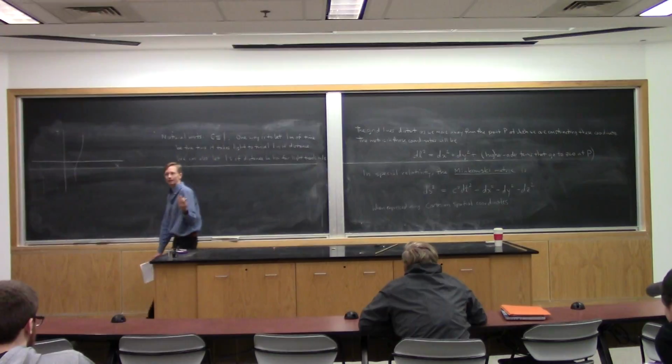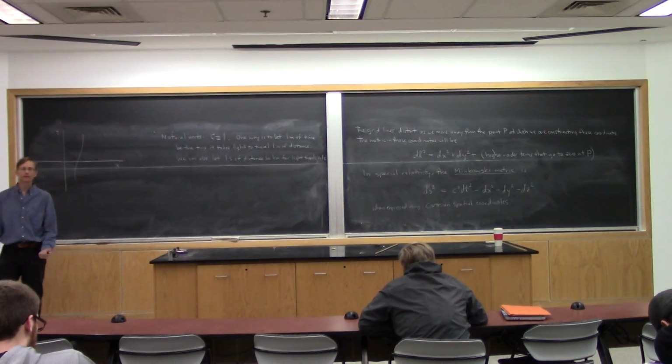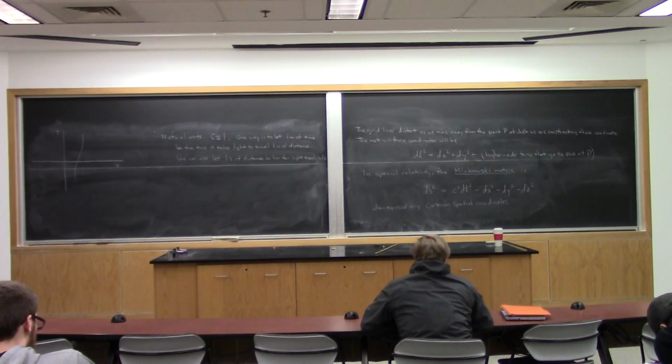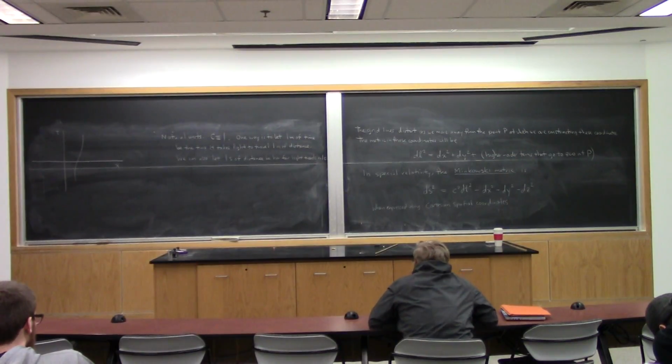Either way, the speed of light is 1 in those units. It's dimensionless because you're using the same units for distances and times.